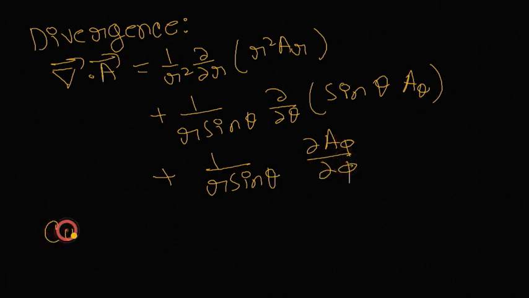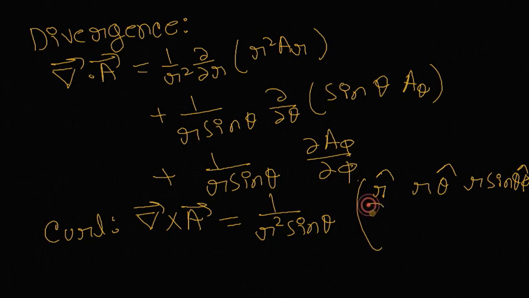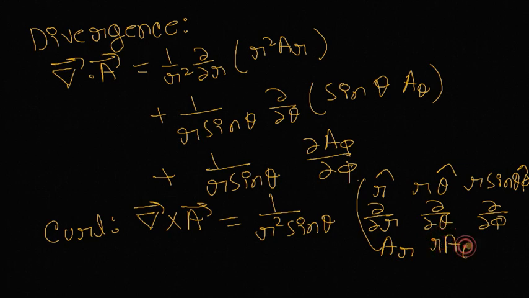The formula for curl in spherical polar coordinate is del cross A equal to 1 by r square sin theta times the determinant with rows r cap, r theta cap, r sin theta phi cap; then del by del r, del by del theta, del by del phi; and A r, A theta, r sin theta A phi.